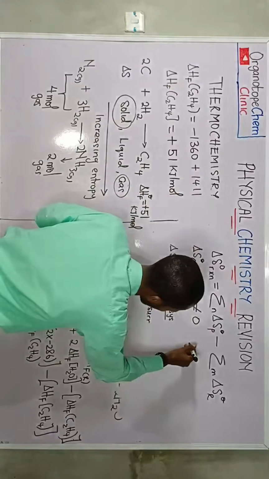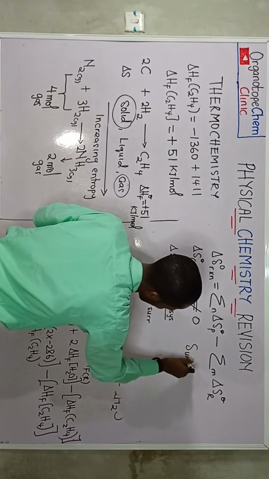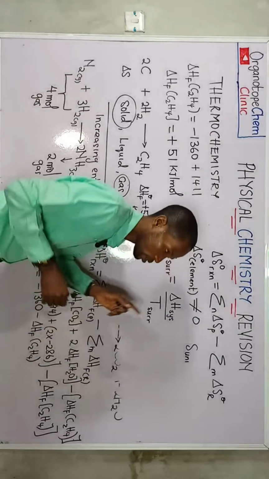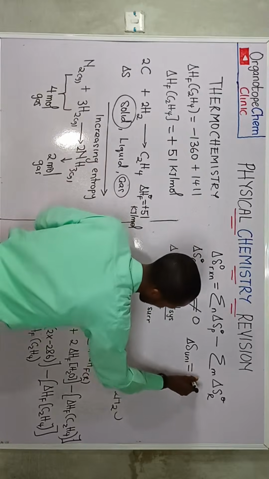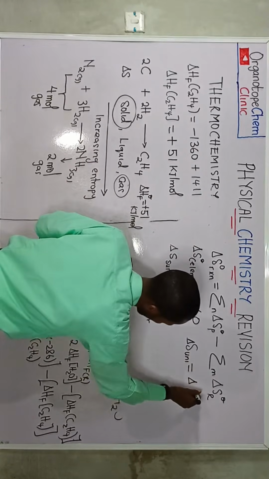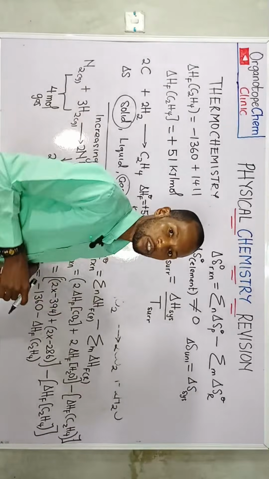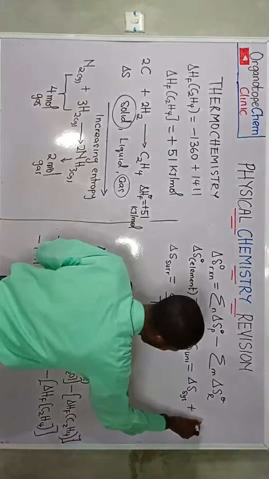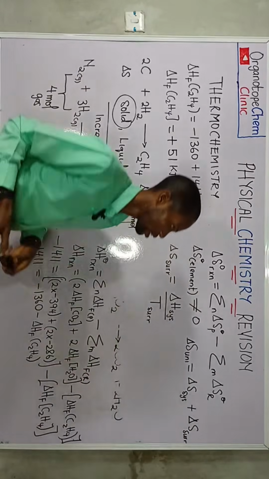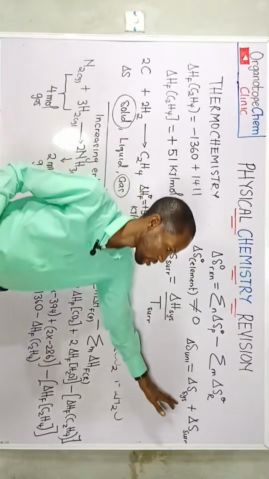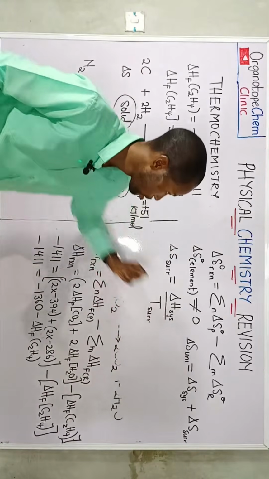So the entropy of the universe equals delta S system, that's the entropy of the system, plus delta S surrounding. Is that okay? So the addition of system with surrounding gives the universe. Is that taken?